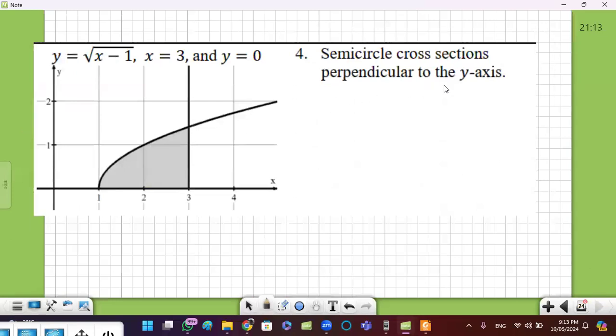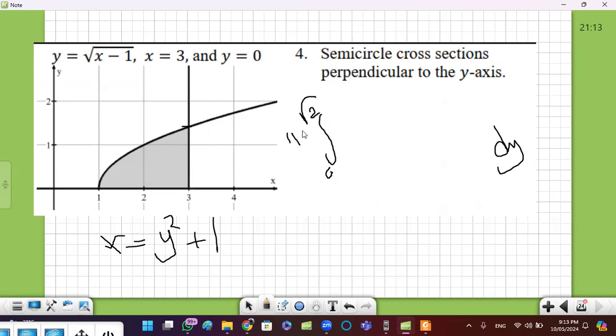Yes. Now perpendicular to y, the integral goes from 1 to 2, 0 to root 2. Outside is pi over 8. X equals y squared plus 1. This is dy.